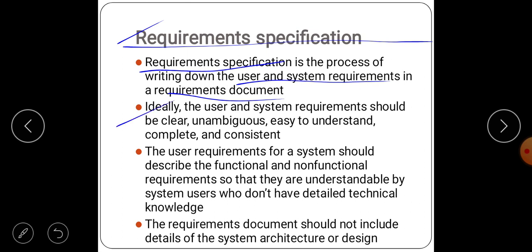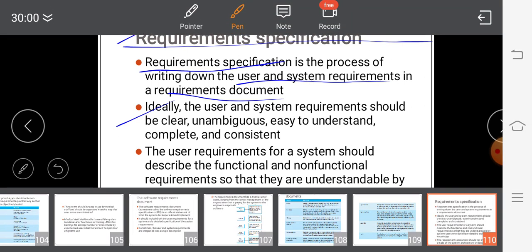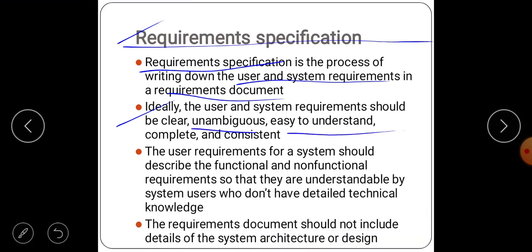Ideally, the user and system requirements should be clear, unambiguous, easy to understand, complete and consistent. On these five bases, you should write the user and system requirements.